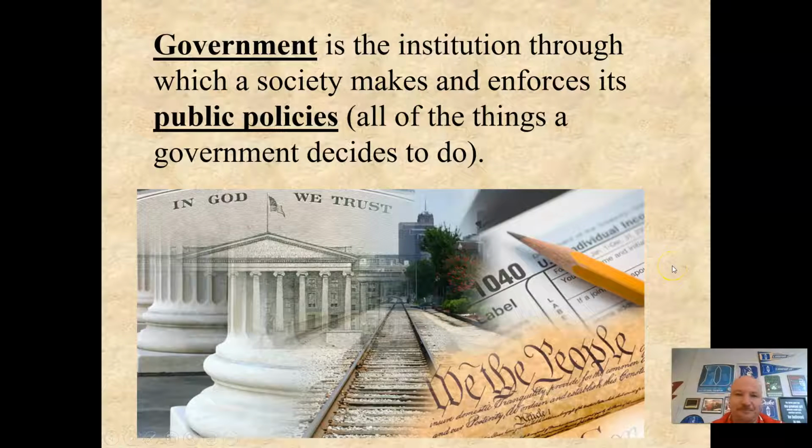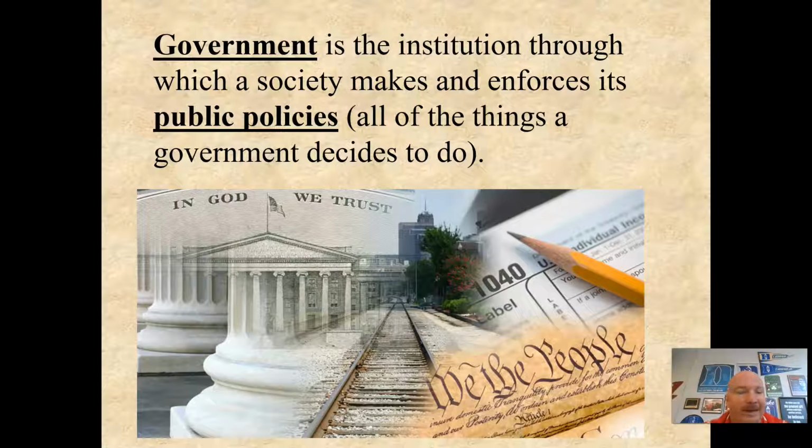So what is government? Government is the institution through which a society makes and enforces its public policies, which are basically all of the things that a government decides to do. Imagine if we had no government. We talked about anarchy, but imagine the chaos of having no laws, having no police.